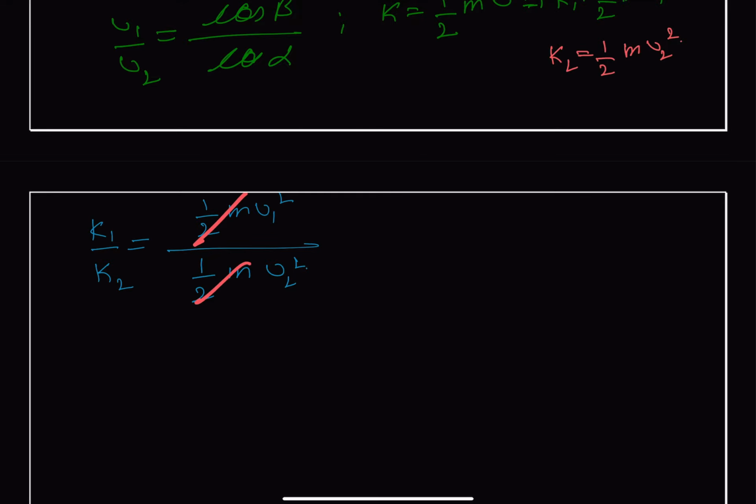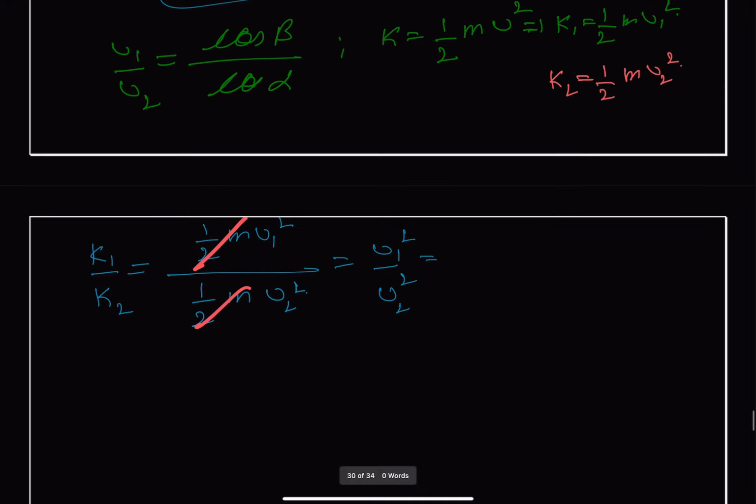This comes as V1 square upon V2 square, which is cos square beta upon cos square alpha.